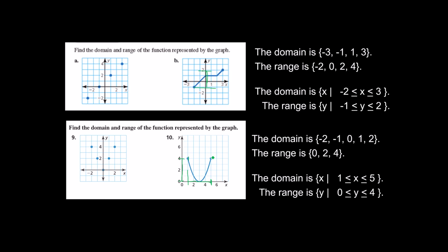That's a lot of information, isn't it? Let's wrap all this up with a couple last-minute things. This slide is designed to kind of pull together all the things we've learned about domain and range. When I talk about independent variables, that's another term we use to describe the x part of the coordinate.